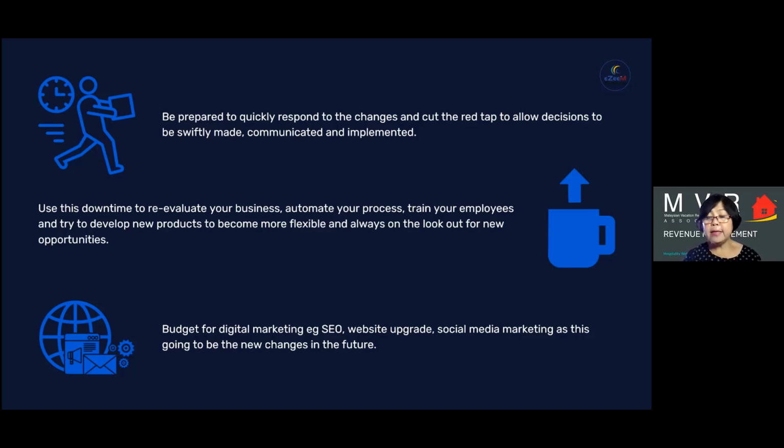Don't put so many fences and policies for people to book, because you do not know when they will close down again. And look out for new opportunities, what you don't have, which your competitor is enjoying.